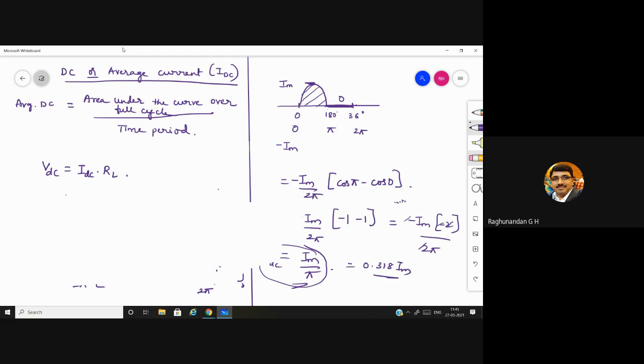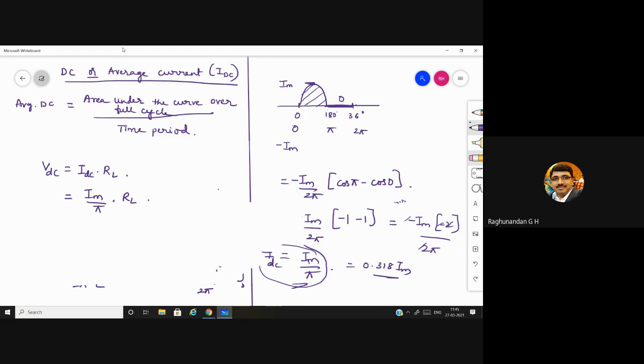We have already obtained IDC, that is Im by pi, into RL. But see here, IDC is proportional to Im. In the same way, VDC should be proportional to what? Vm.